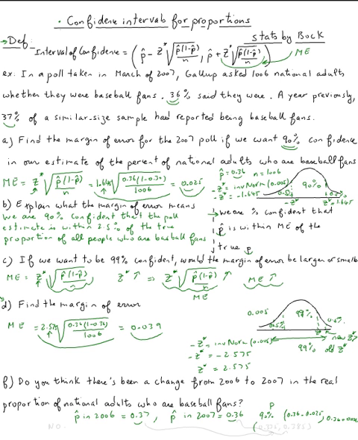In other words, the interval was 0.335 to 0.385, and so you can tell 0.37 is also in there. 0.36 of course is going to be in there. So the answer is no. There hasn't been a change in the proportion of national adults who are baseball fans. And that's it for this example.